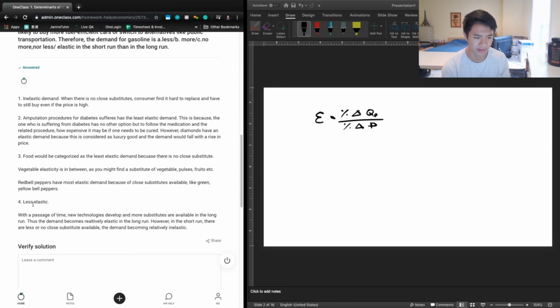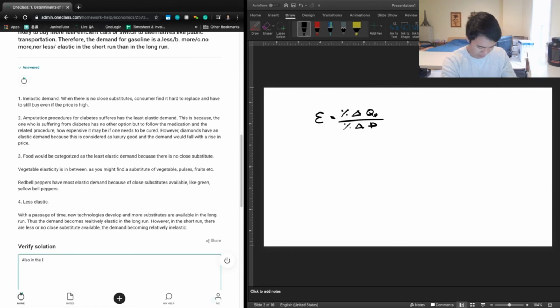Let's take a look at the answer choice. It says less elastic. With the passage of time, new technologies develop and more substitutes are available in the long run. Thus, the demand becomes relatively elastic in the long run. However, in the short run, there are less or no close substitutes available, and the demand becomes relatively inelastic. I'll just clarify really quickly that there's also this idea of giving consumers more time to adjust.